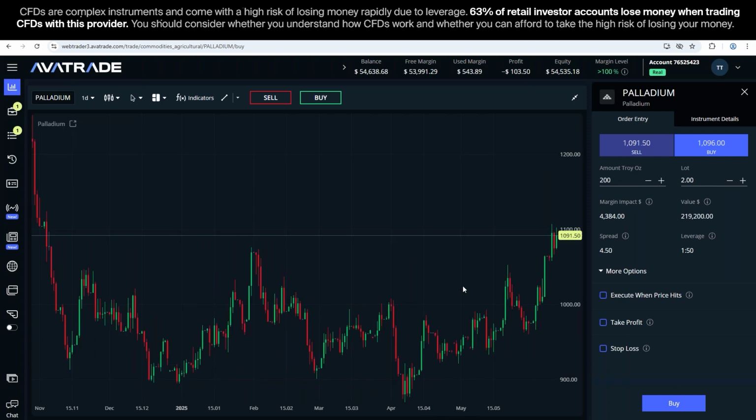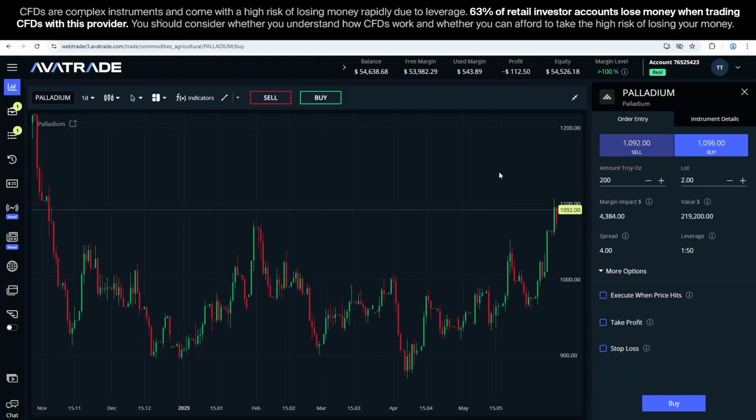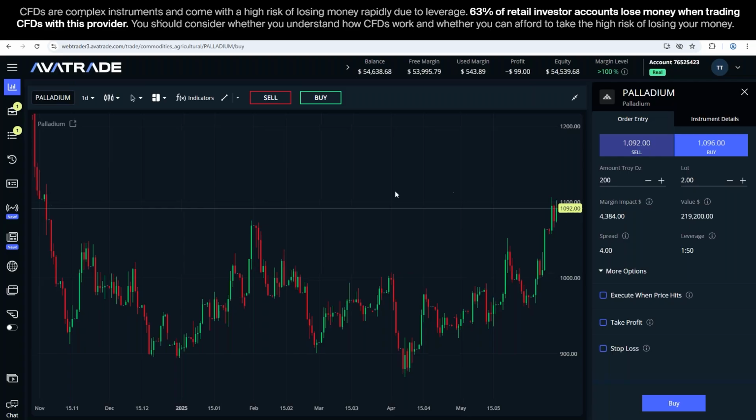Okay, so on the 1-day candles, we can see in the past 1, 2, 3, 4, 5, 6, 7, 8, 9, 10 days, the price of palladium has climbed quite a bit, percentage-wise and numbers-wise. So we're looking at quite the movement on palladium.